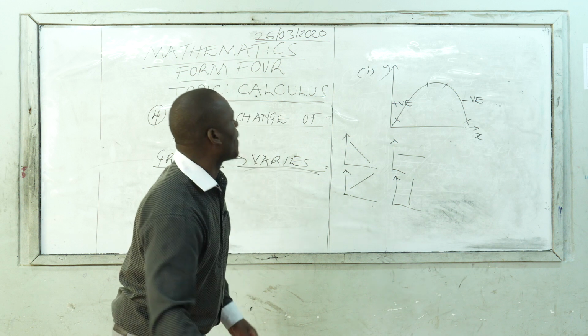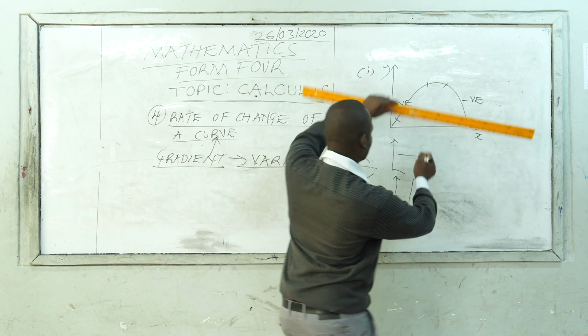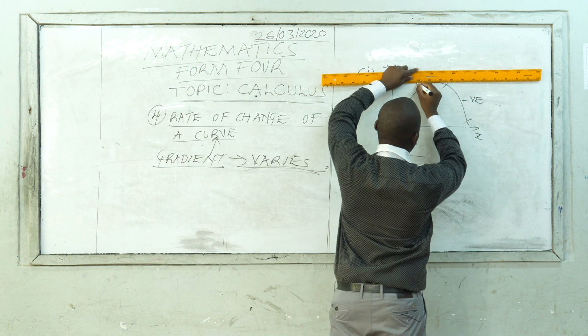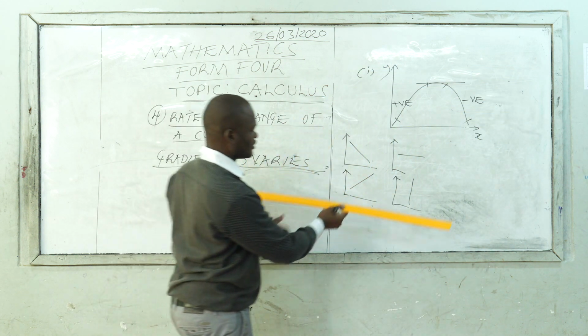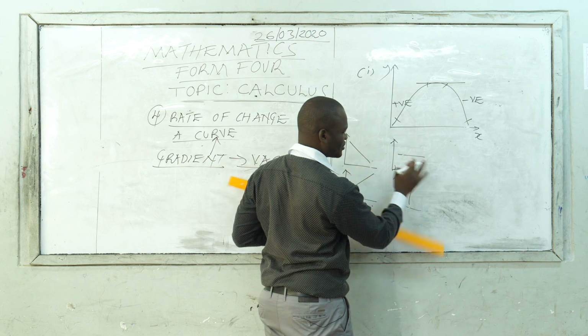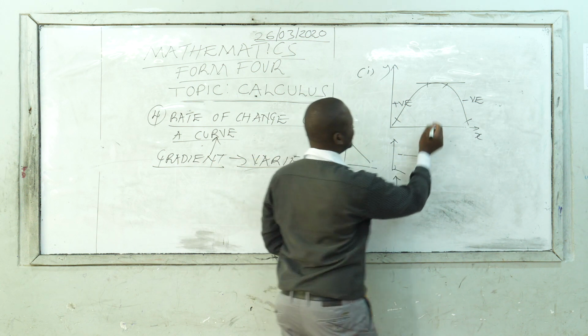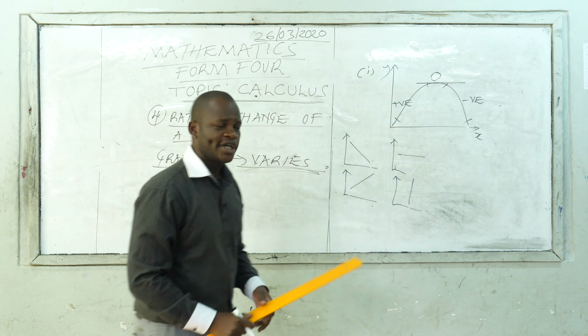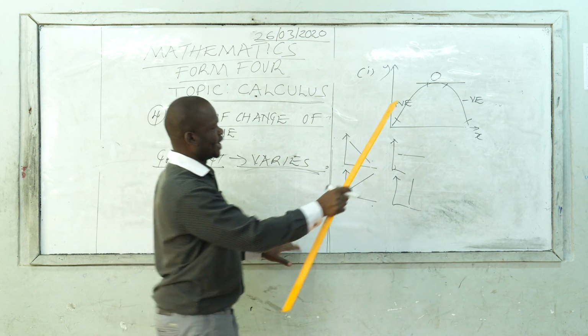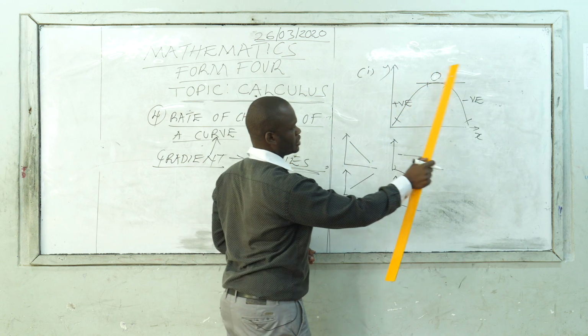Now, at the top part of the curve, just somewhere there, the inclination of the curve is almost horizontal, similar to what I'm having here. We said, what is the gradient there? The gradient is 0. So we have the variation from positive to 0 to negative.